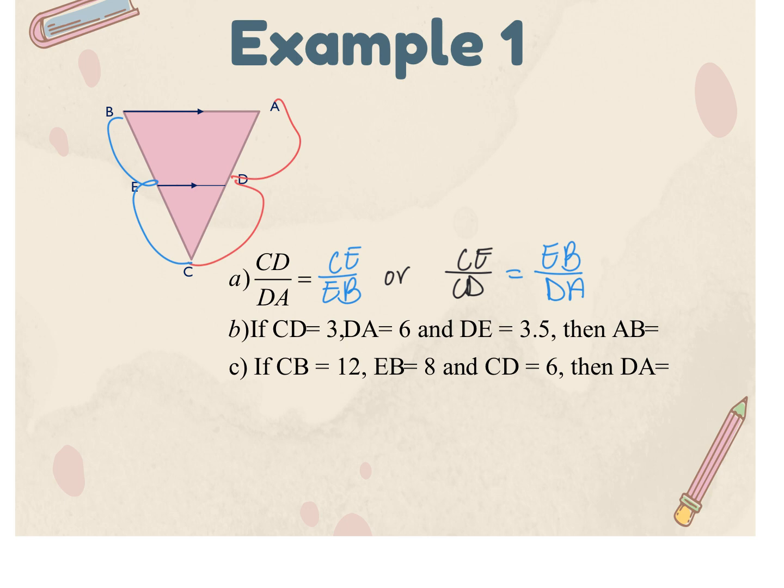All right, looking at B, labeling. I'm going to do it in, we'll do it in purple. If CD is 3, so I'm going to write here 3, and DA is 6, DE is 3.5, and AB is, I don't know. I need to solve this. We are solving this the same way we've been solving for the past 2 lessons.